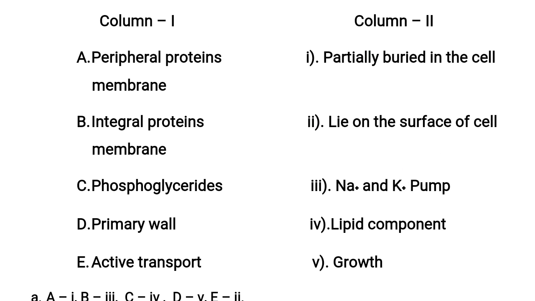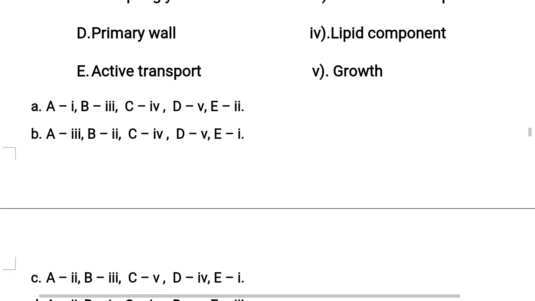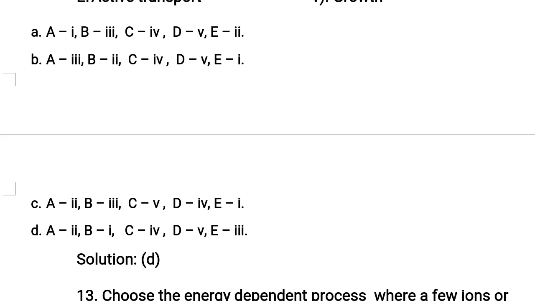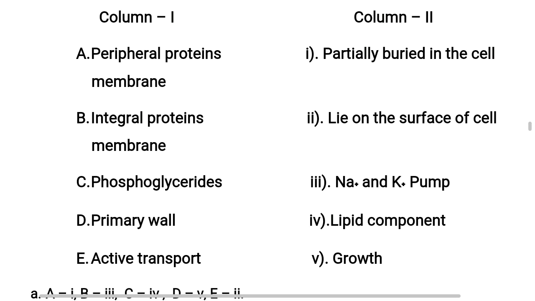A, peripheral proteins. Peripheral proteins show one important characteristic: they are present on the surface of the plasma membrane or cell membrane. That's why those proteins are called peripheral proteins. Peripheral means border side or margin side, near the end side.